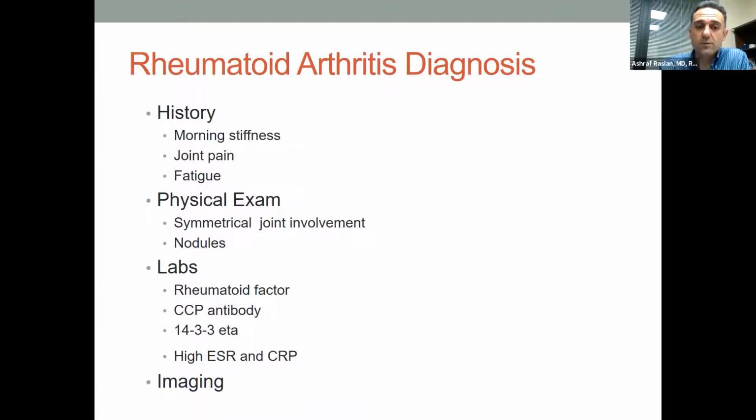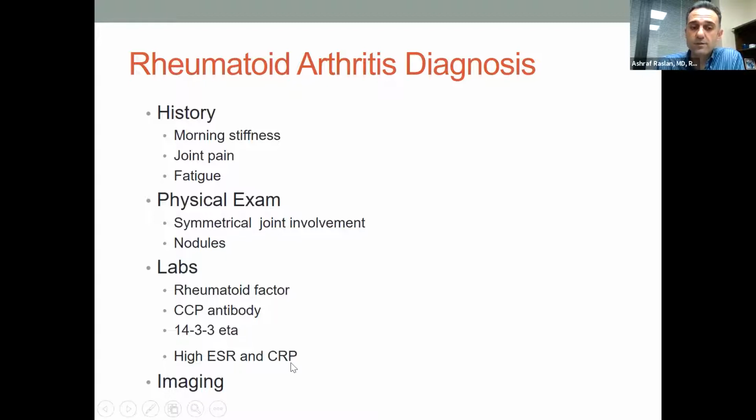We have 3 markers right now: the rheumatoid factor, the CCP, and the 14-3-3 eta. These are 3 markers in the blood that are specific for rheumatoid arthritis. So if someone has them, along with having the type of joint pain that indicates inflammation, usually they have rheumatoid arthritis.